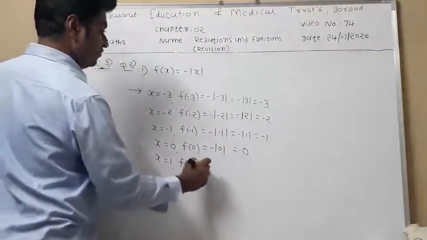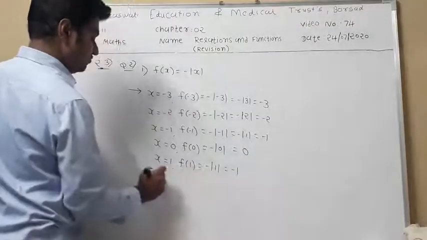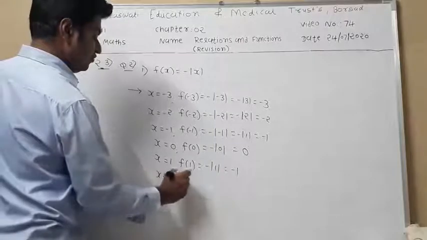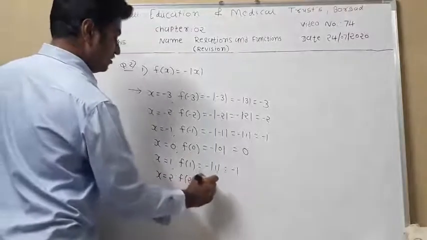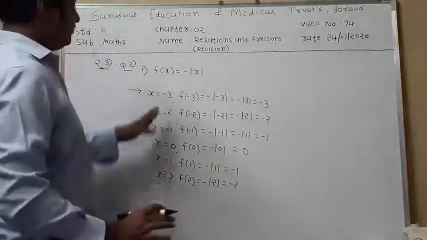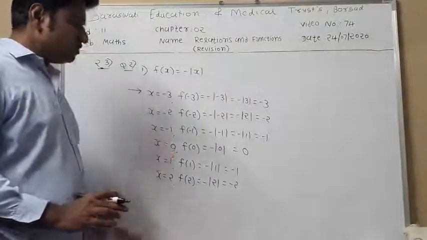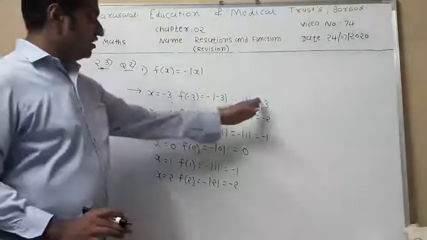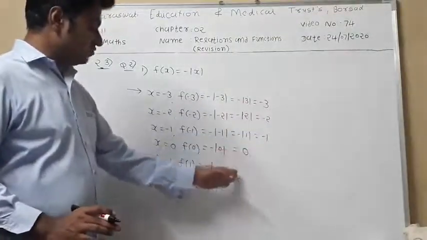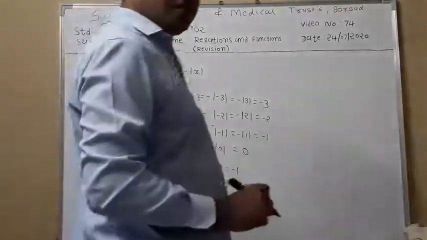So f of 1 is minus mod of 1, that means minus 1. x is equal to 2. f of 2 is minus mod of 2, that means minus 2. Now see, here we can consider 3 negative values, 0 as well as positive, but here we get the answers in negative form. Okay, so how can we write the domain and range?